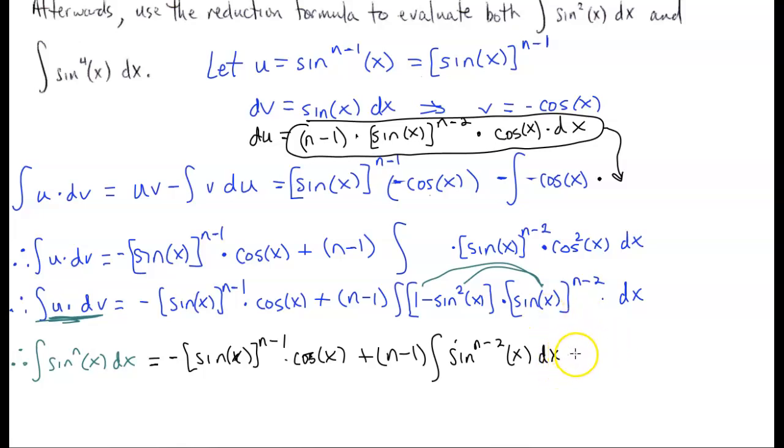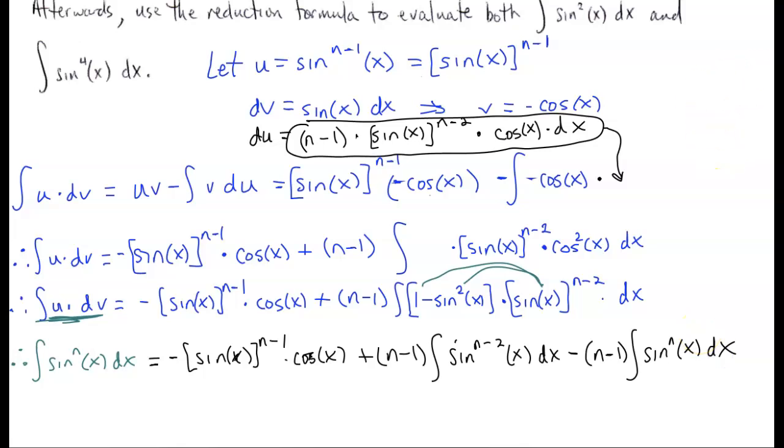And this is also going to be minus n minus 1. And of course, sine squared times sine of n minus 2 is just going to be sine raised to the n. Okay.